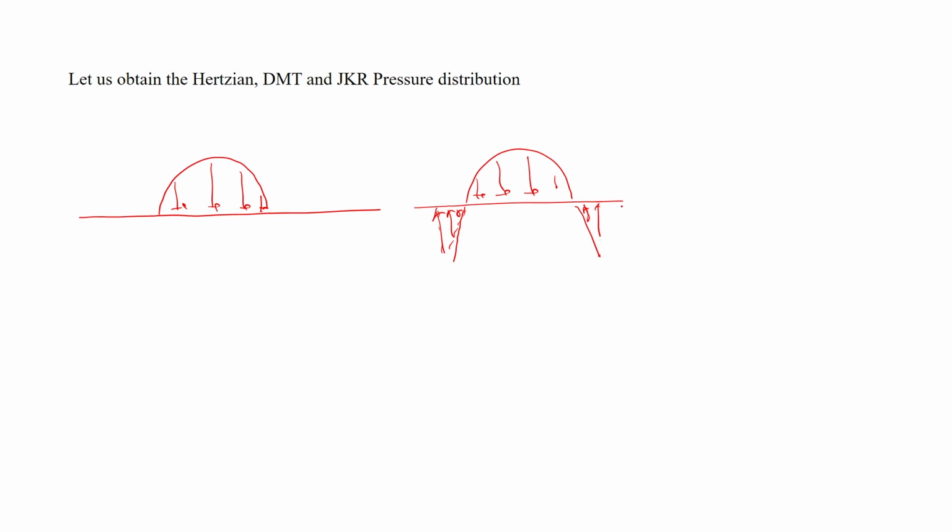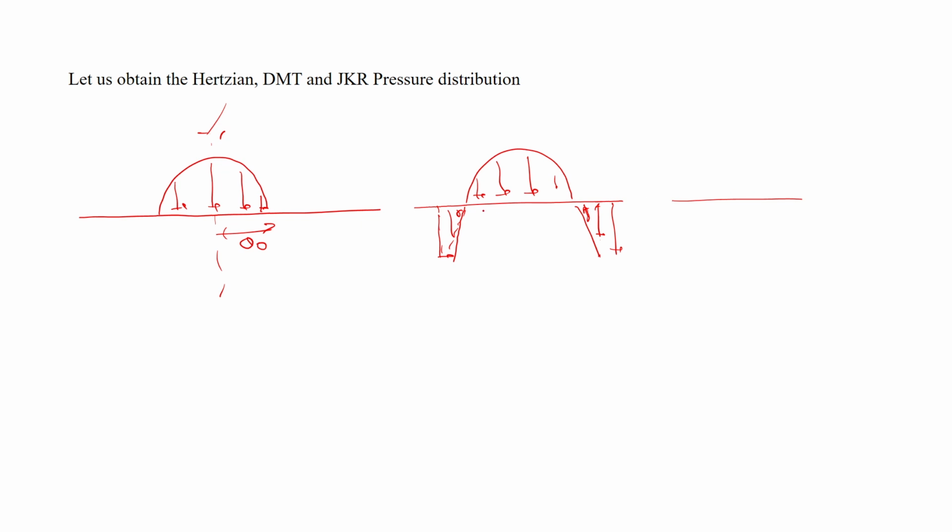I do not need to worry about these arrows anyway. Let us say this is the contact area A0. This is Hertzian, and this side is negative because there is a pull-off load here.